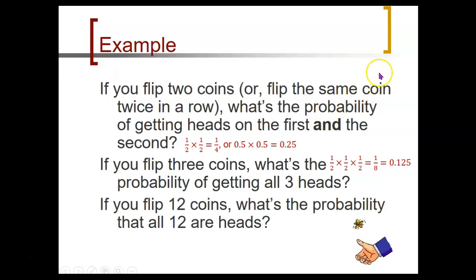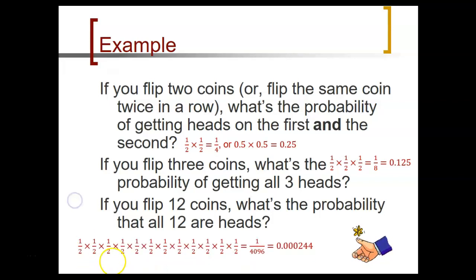If you flip 12 coins, what's the probability that all 12 are heads? It's still an and question, but this time there's 12 things that we're multiplying together. Because we're asking what's the probability that the first coin toss comes up heads, and the second one does, and the third one, and the fourth one, and so on.